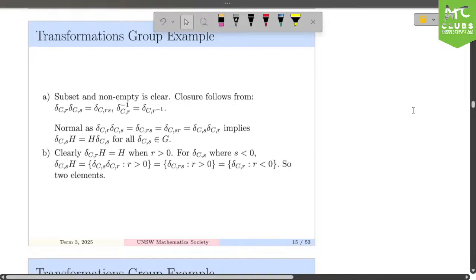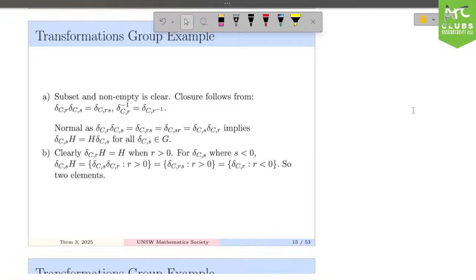The fact that it's a subset is just the corollary of the positive real numbers being a subset of the real numbers. The closure follows from the fact that if you multiply them together, we just get RS, and RS is going to be another positive real number. If we invert it, then we just get R inverse, and since R is not 0, R inverse will exist. It is normal because when we have the multiplication of these two, it's commutative.